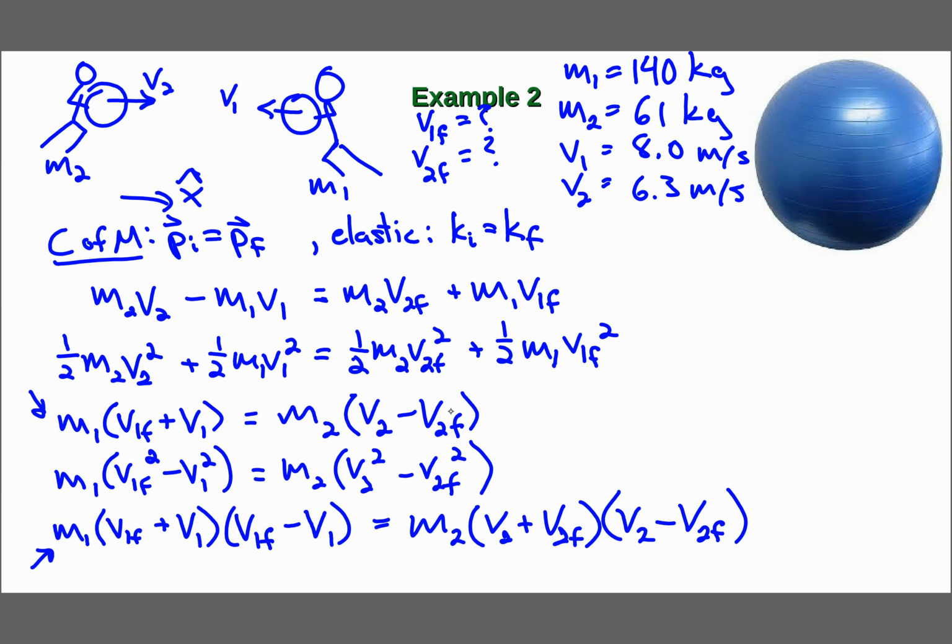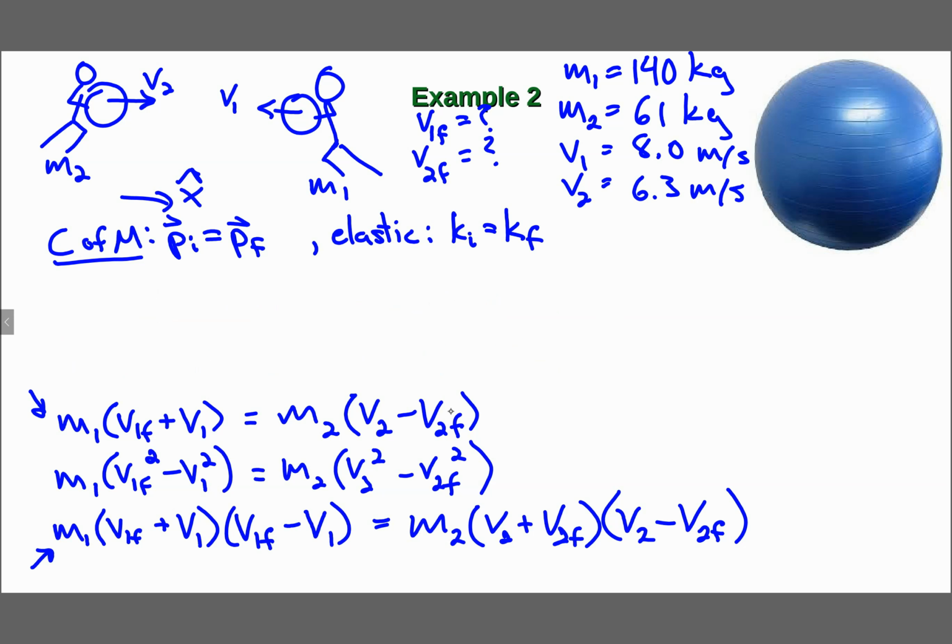And you can see that this v1f plus v1 is going to cancel. The m1 is going to cancel on the left side. So I take equation 2 down here and divide it by equation 1. So I divide the left side of equation 2 by the left side of equation 1. I get a canceling of the m1 and the v1f plus v1, and the term that's left is v1f minus v1, right?